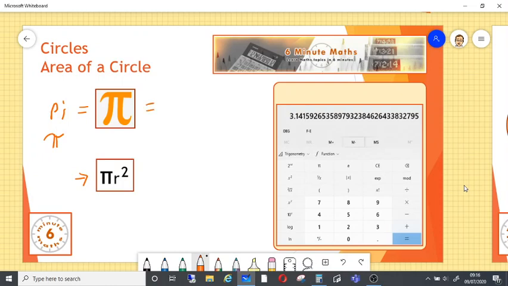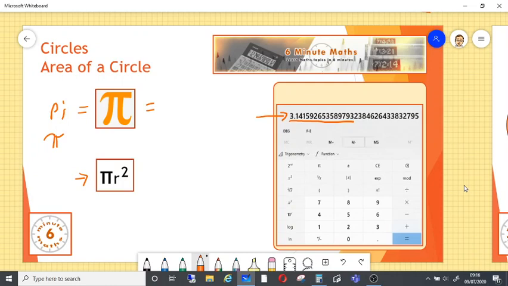It's a particular value. If you were to calculate pi on the calculator, you've got a massive number there, 3.1415 and so on. It's an infinite number. It goes on forever.